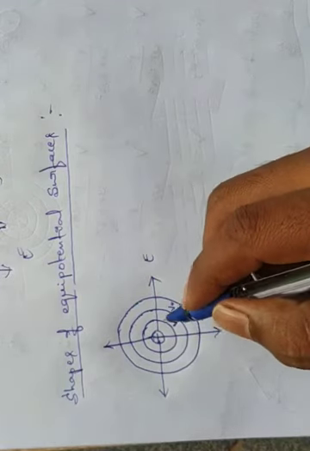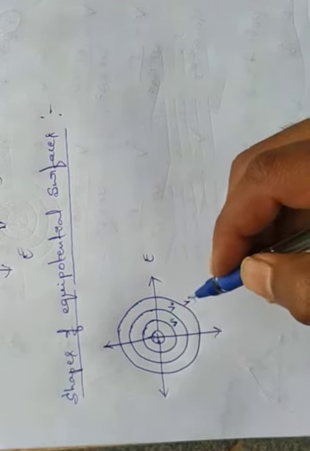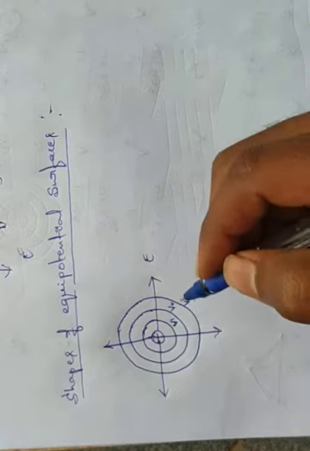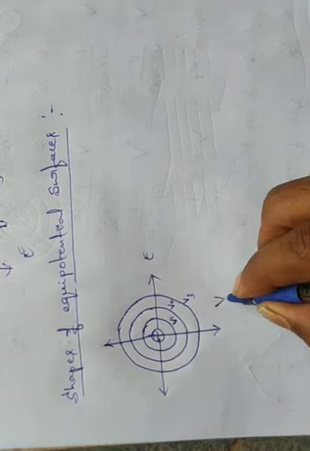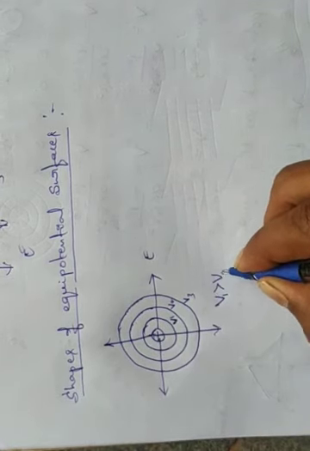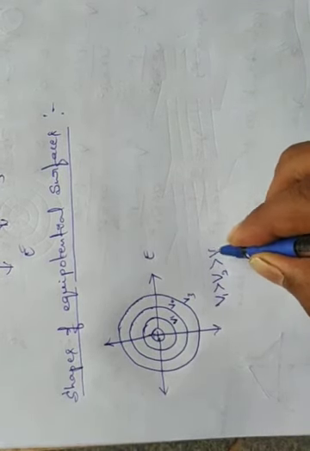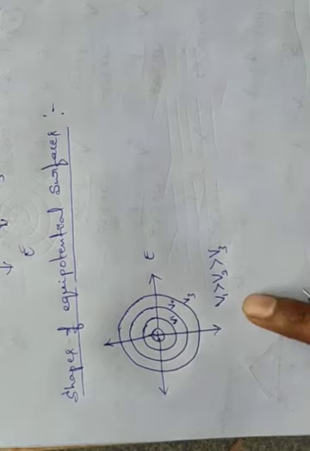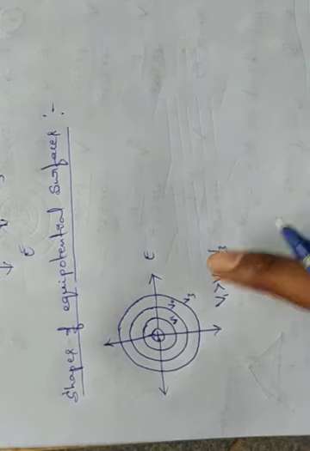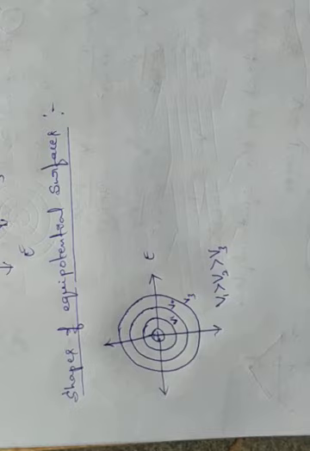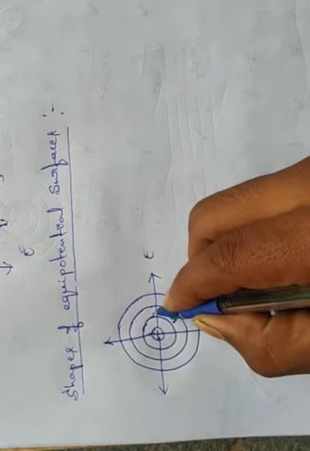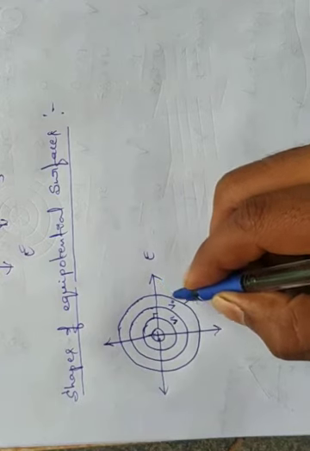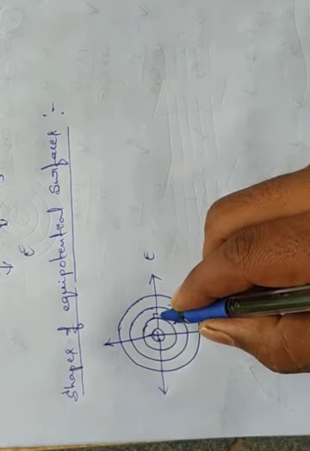Near the charge the potential is more, and as you move away the potential decreases, so we can say V1 is greater than V2, and V2 is greater than V3. In each case you can observe that the direction of the electric field is at right angles to the surface.